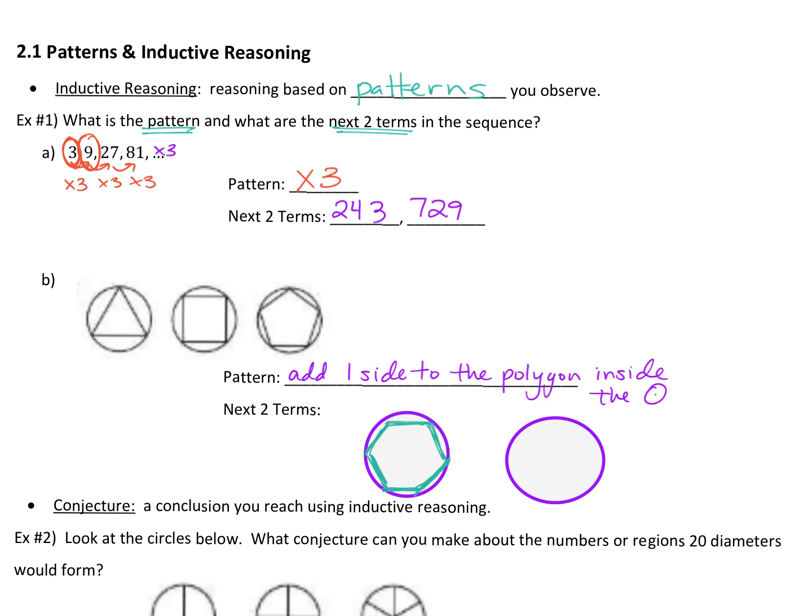You could call it a septagon, or you could call it a heptagon. They both work. So 7 sides. 1, 2, 3, 4, 5, 6, 7. Okay. So those would be your next 2 terms.